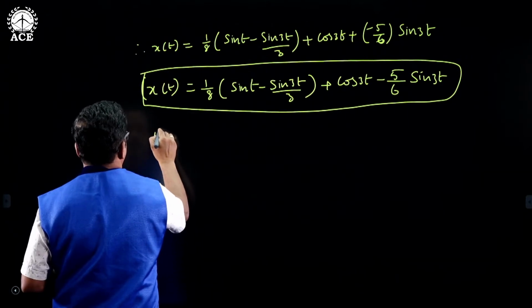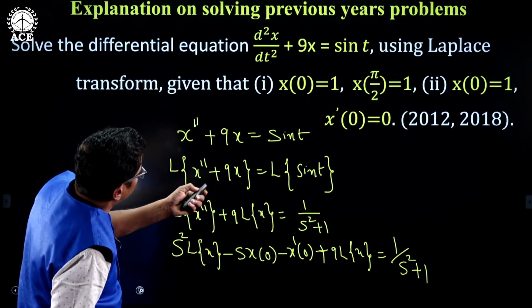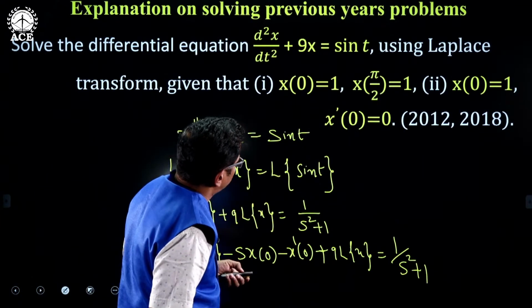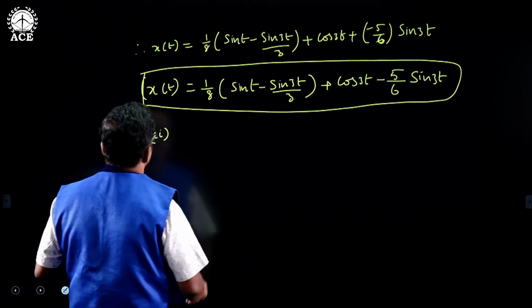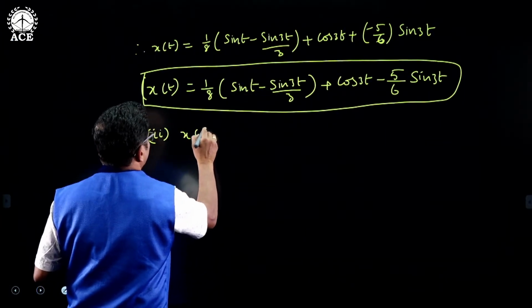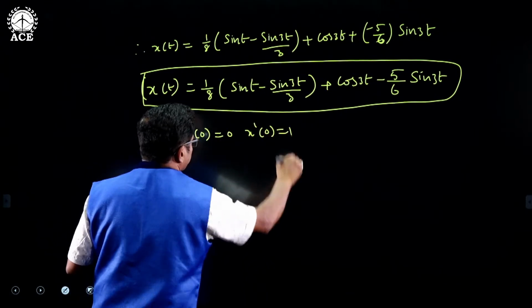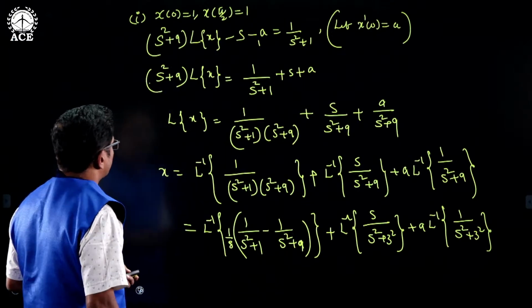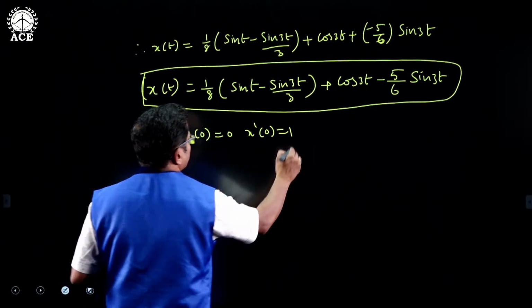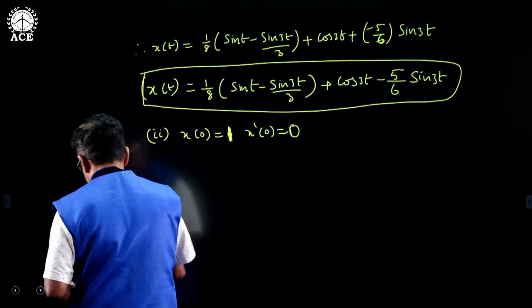Second question. What is the second question provided here? Under second, x of 0 is equal to 1, x dash of 0 is equal to 0. Sorry, x of 0 is equal to 1, x dash of 0 is equal to 0.